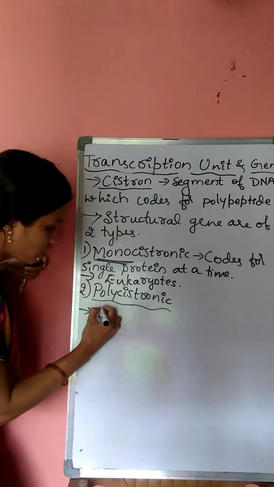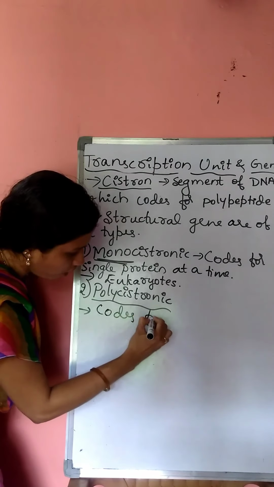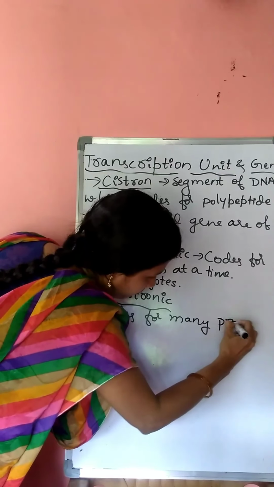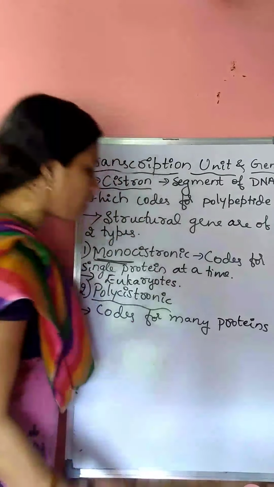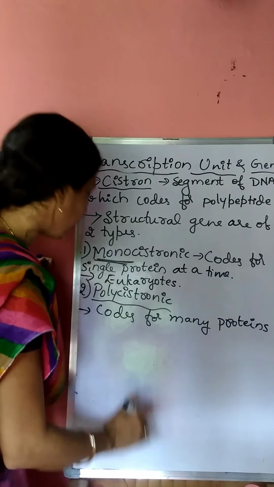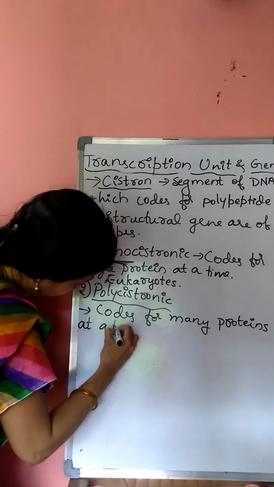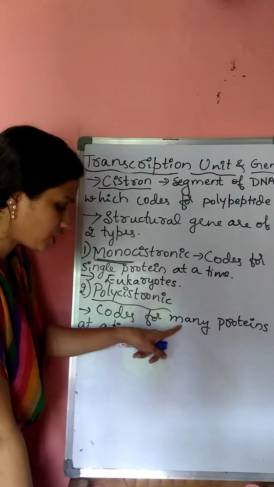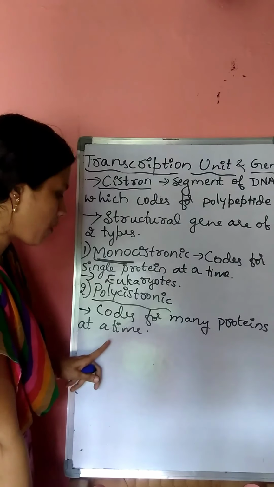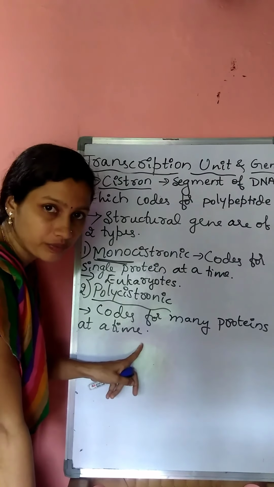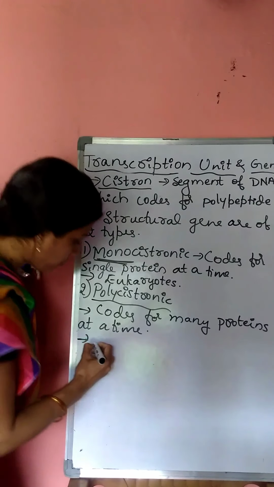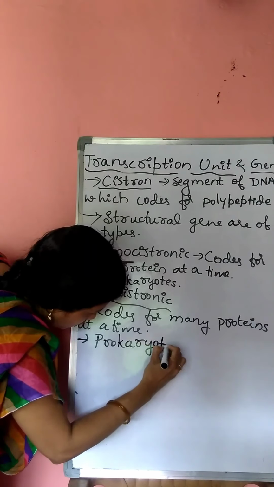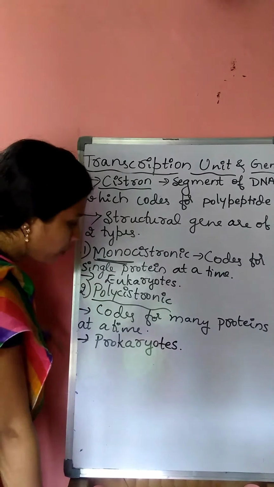Poly means many: this is the structural gene which codes for many proteins at a time, and it is present in prokaryotes.